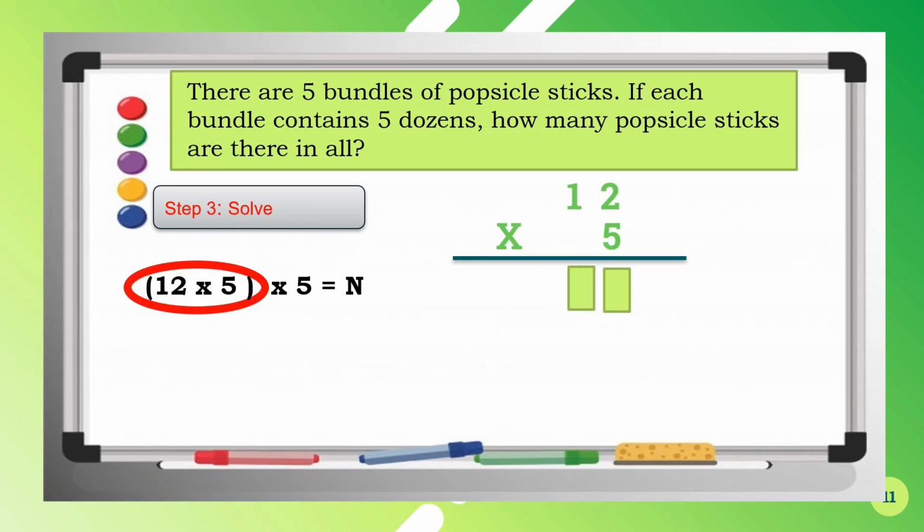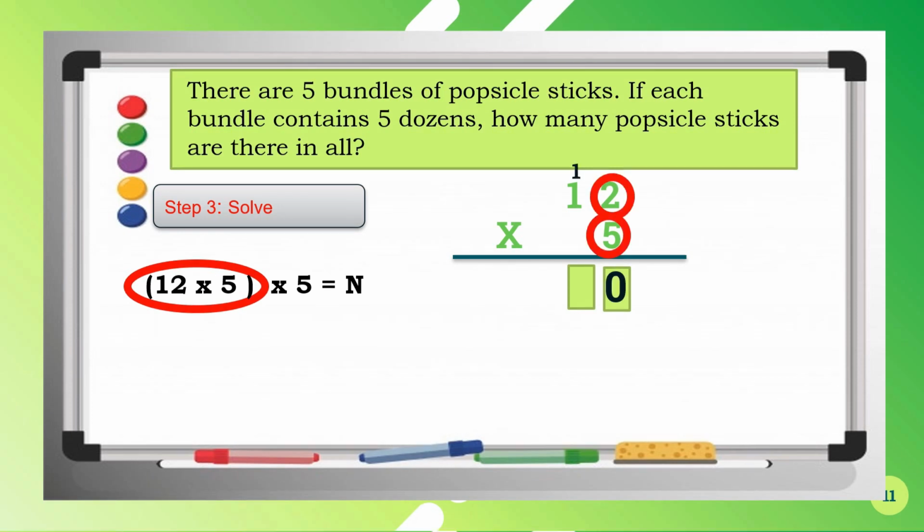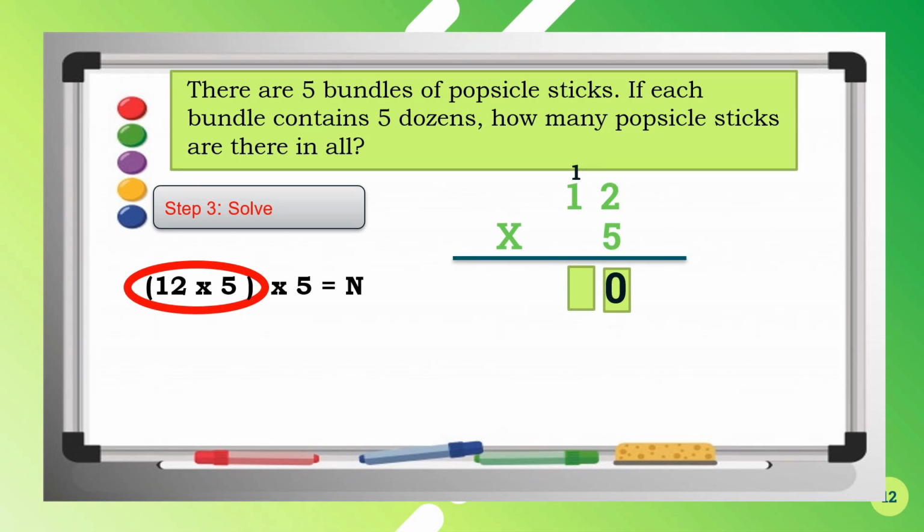Step 3 is solve. Since there are 2 operations, we will first solve for the numbers inside the parentheses, and that is 12 times 5. So 5 times 2 is equals to 10. Write 0 on the product, then carry 1. 5 times 1 is equals to 5, plus 1 is 6.